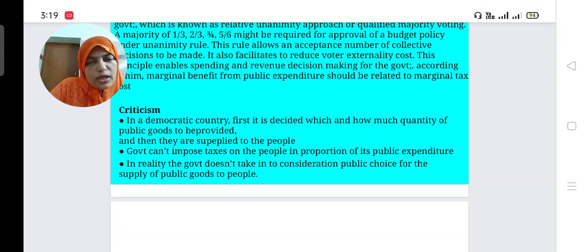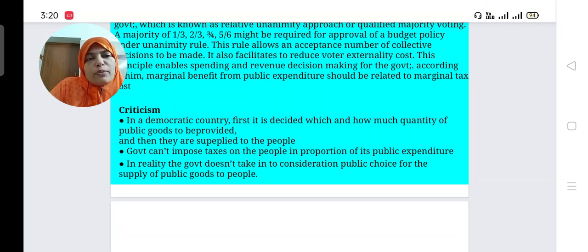In a democratic country like India, firstly we decide which item and how much quantity of public goods is to be provided, and then they are supplied to the people. The government will not consider the unanimity, relative unanimity or absolute unanimity approach. Then the government cannot impose tax on people in proportion to public expenditure. Actually, the government is spending so many funds.